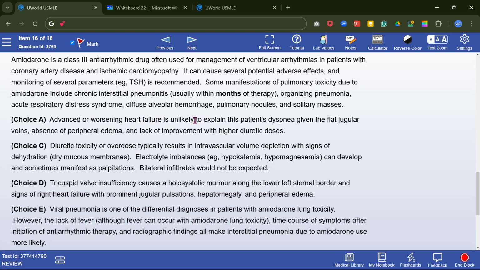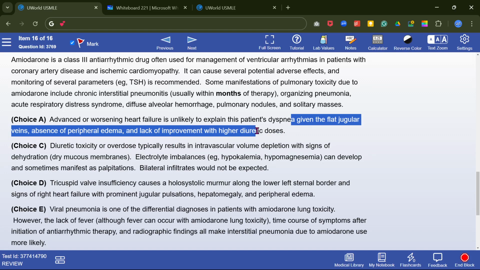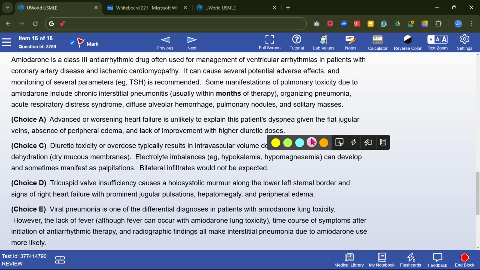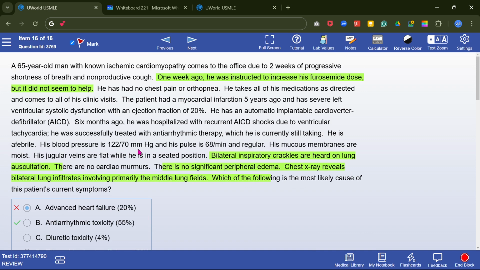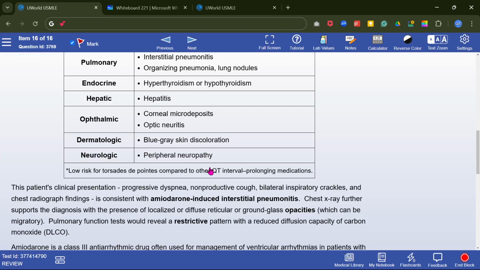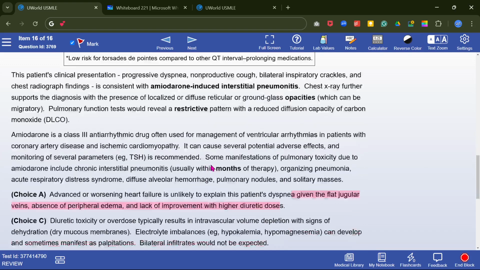Advanced heart failure is unlikely to explain the dyspnea, given the flat jugular veins, absence of peripheral edema, and lack of improvement after high dose diuretics. The JVP is flat when he is in the seated position. The respiratory crackles do not improve with high dose furosemide.